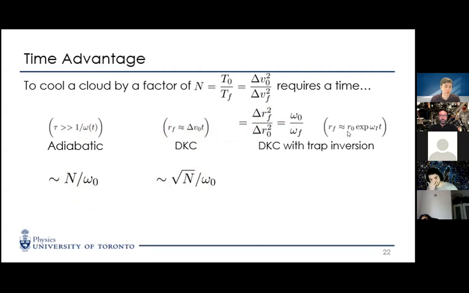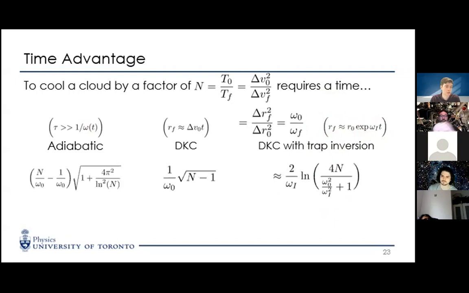And then finally, for this new delta-kick cooling protocol where we do expansion in an inverted oscillator, we just saw that the final size goes approximately exponentially with time. So we maybe expect that the time for the protocol scales like the log of the cooling factor.